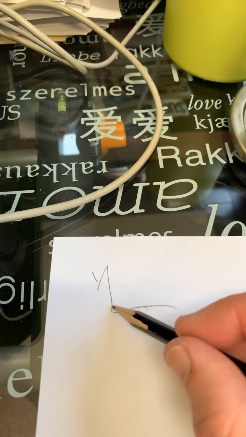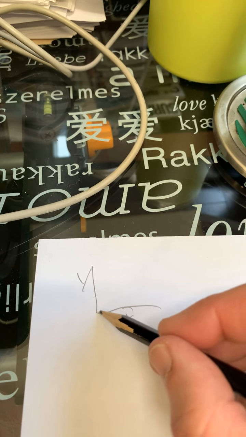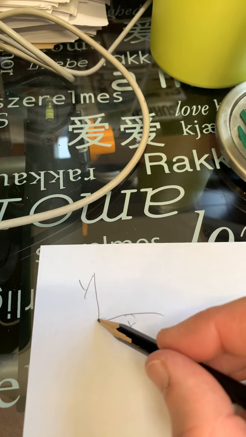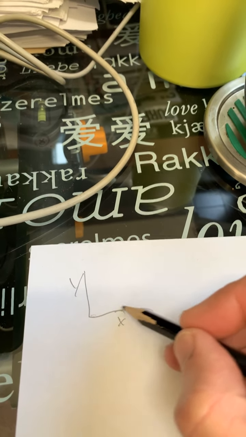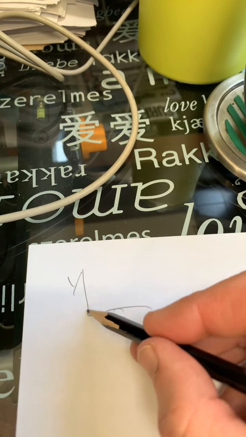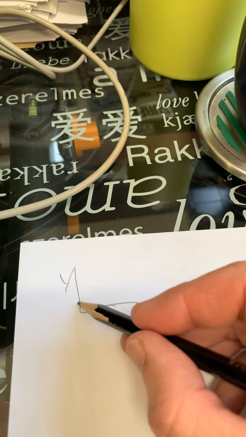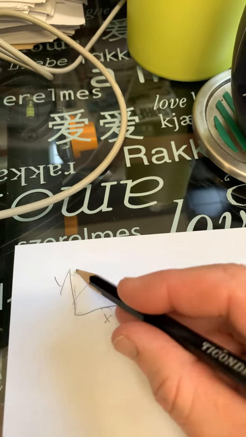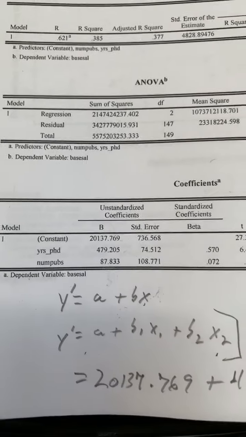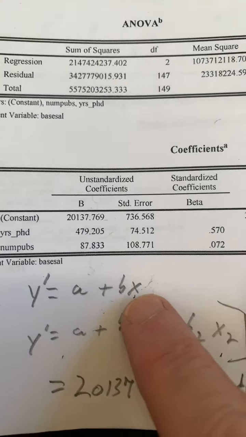Regression lines don't start over here; they're always going to start somewhere along this y-axis. They can go down, they can go up, wherever. But that's the idea of the intercept. That value is something along the y-axis.